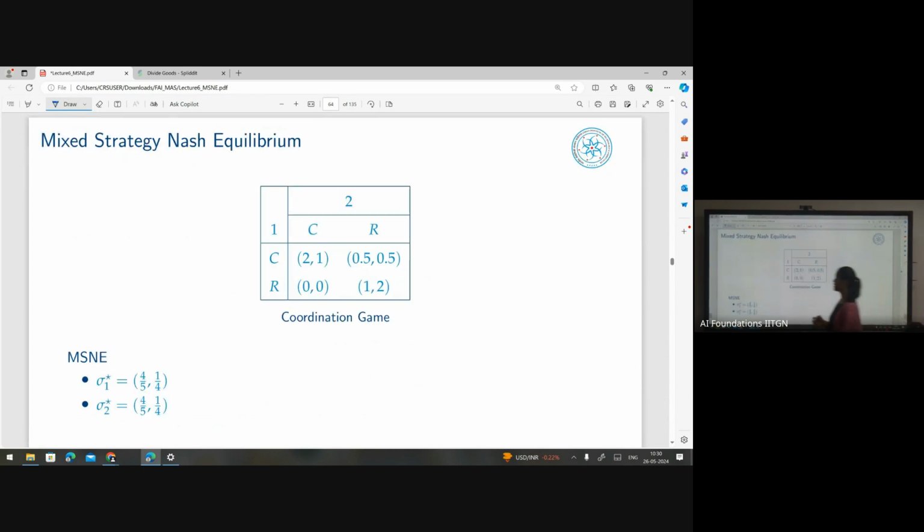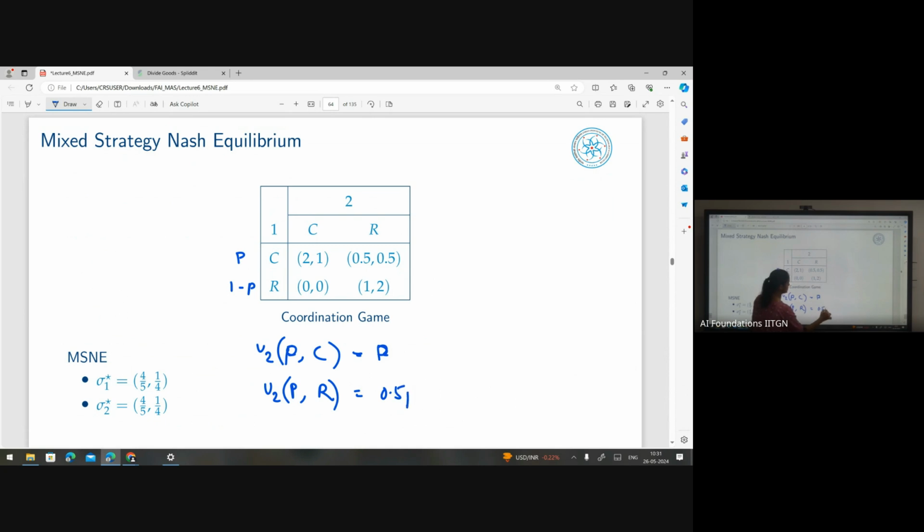So ideally, if agent 1 is playing P and 1 minus P, and player 2 picks C, the utility will be given by just 1 times P and 0 times 1 minus P. And utility when player 1 picks P and player 2 picks R is equal to 0.5 times P plus 1 minus P times 2.